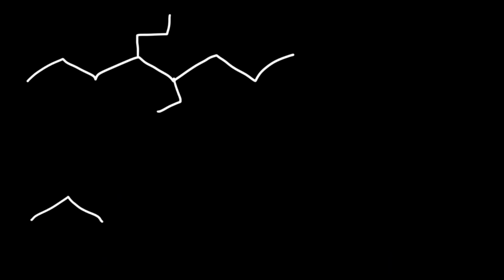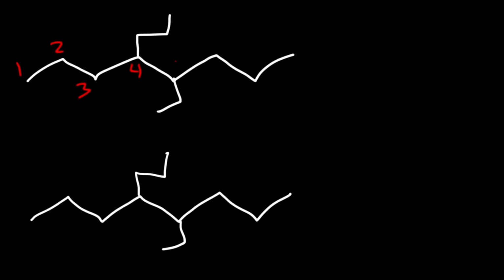I'm going to redraw this structure. So in the first example, let's count it from left to right. And for the second example, let's count it the other way. Now, based on the last example, we know that we have to put the substituents in alphabetical order.